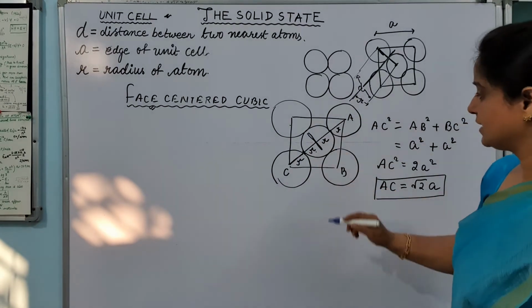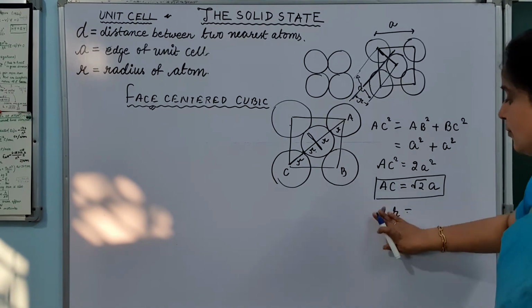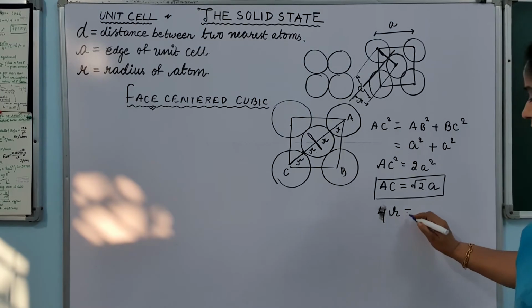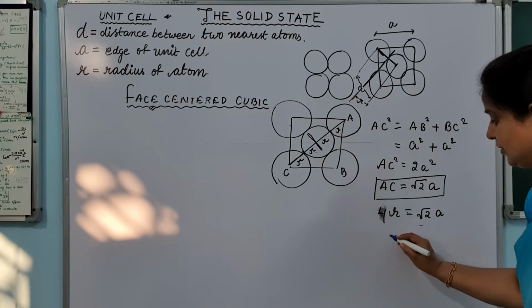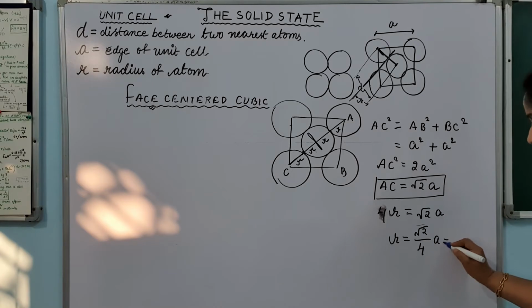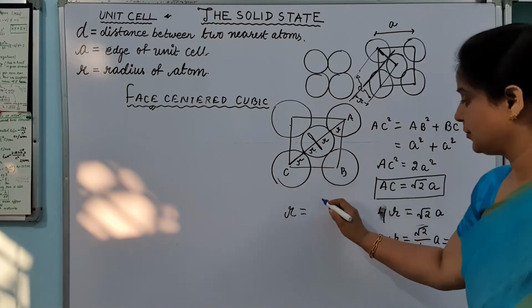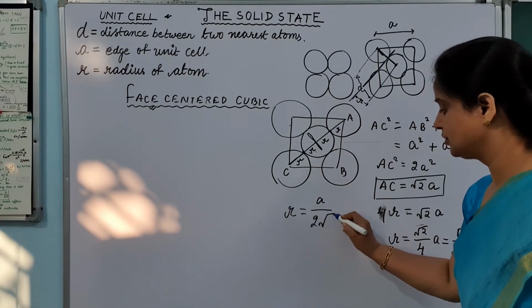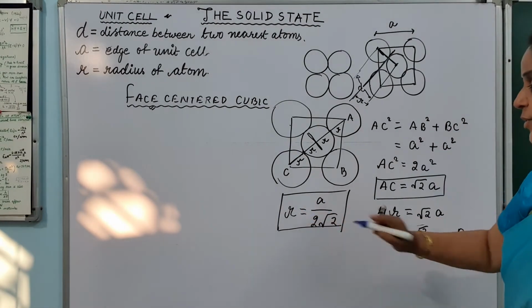Okay, so we can see there 1, 2, 3, 4 R. So I am writing down here 4R equals root 2 A. Or I can write it as R equals root 2 upon 4 A, or A upon 2 root 2. So this is the relationship between R and A: A upon 2 root 2. I hope it is clear that R equals A upon 2 root 2.